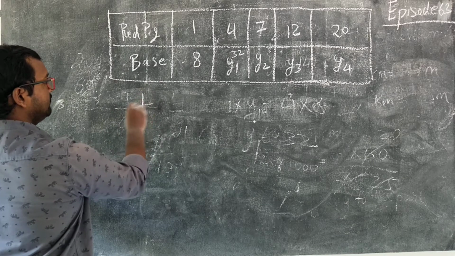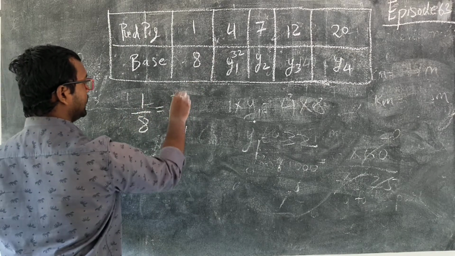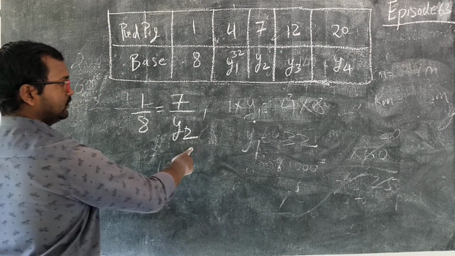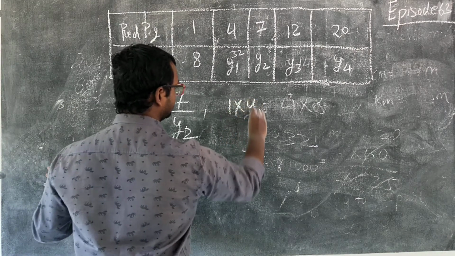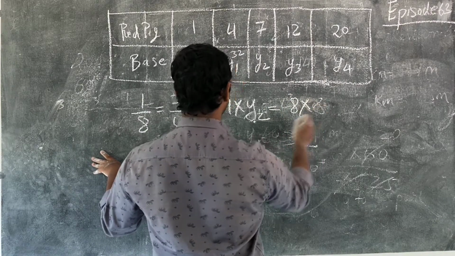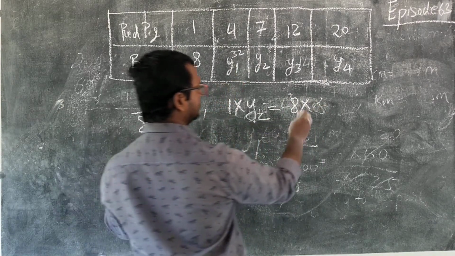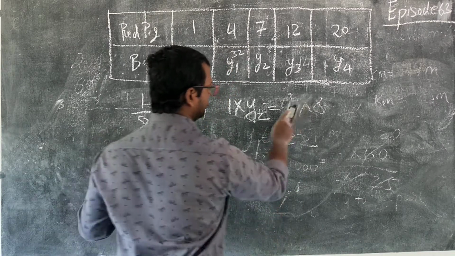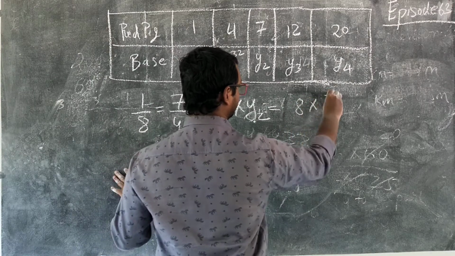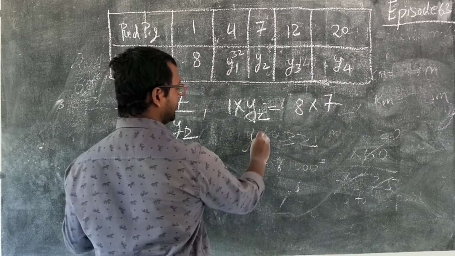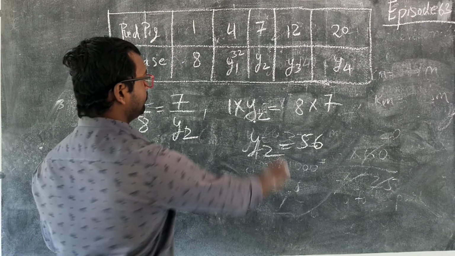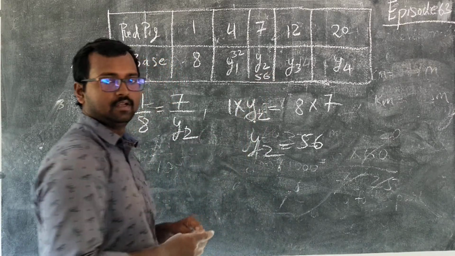So next is 1 by 8 is equal to 7 by y2. Now we want the value of y2. So 1 into y2 is equal to 8 into 7. 8 has to move towards here. y2 is how much? 8 sevens are 56. Okay, so here we get 56.